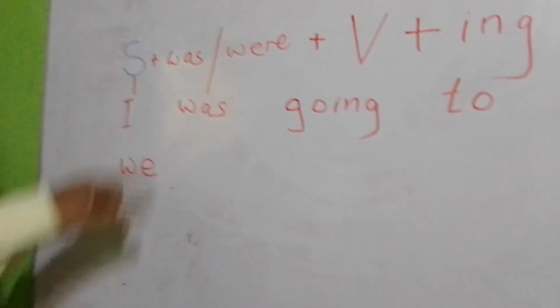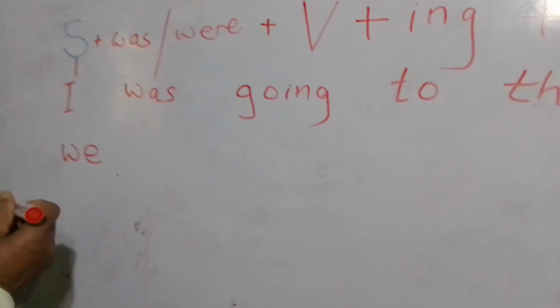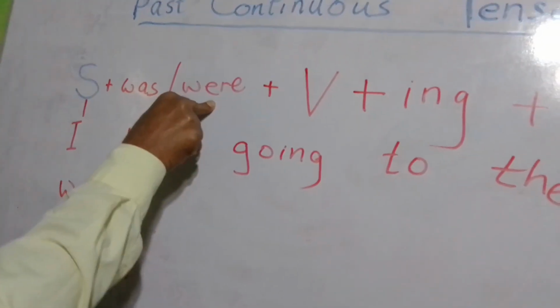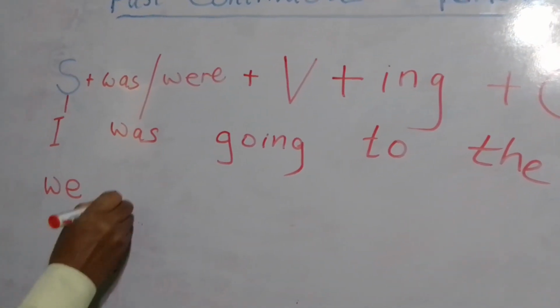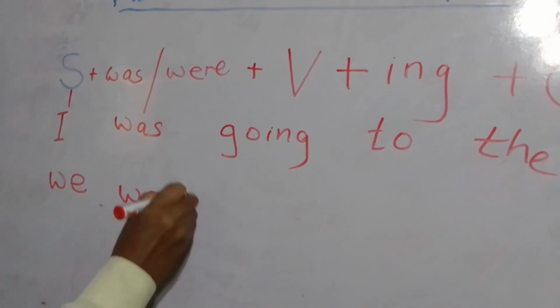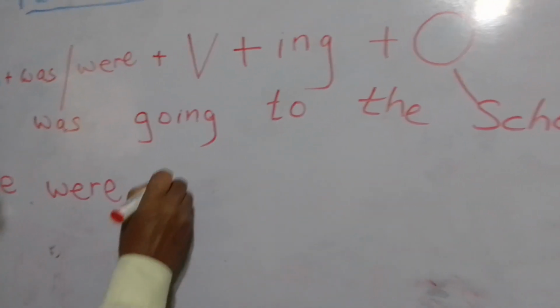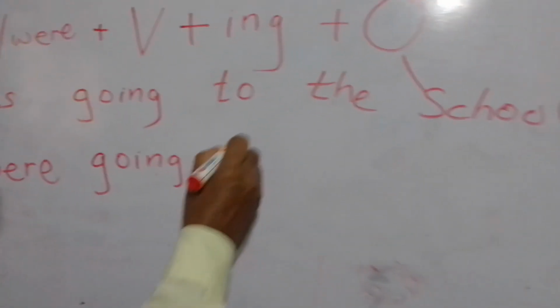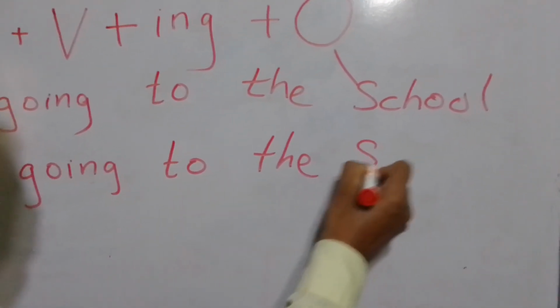When the subject is plural, what is the auxiliary verb that you use? You have to use the helping verb were. Now we will write were. Okay. After that, you have to write the verb. We were going to the school. Okay.